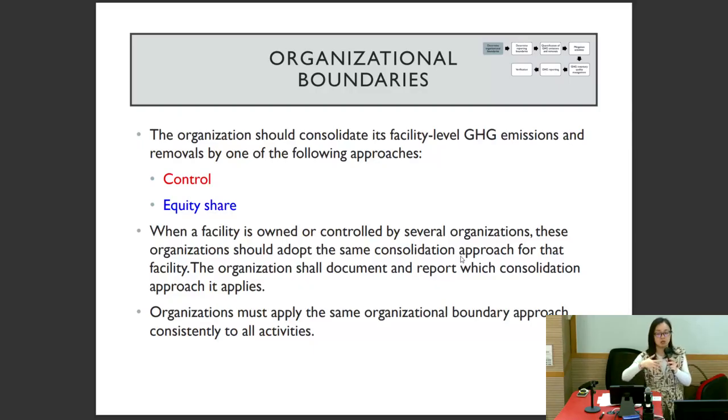Because we want the reporting to be consistent so that every year we can have a fair comparison. An organization must apply the same organizational boundary approach consistently to all activities. So for this company we use the equity approach, then for another subsidiary company we also use the same approach: the same approach across all facilities under that company.